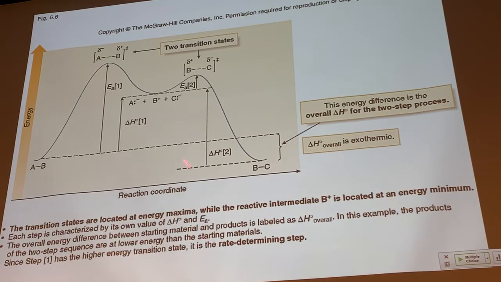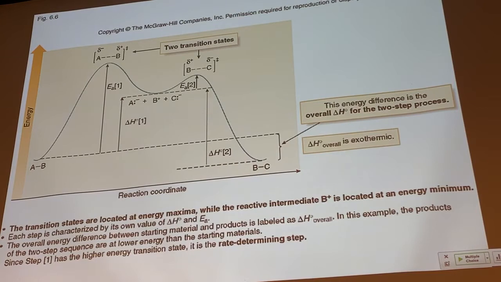We see that each individual step has a delta H, and there is an overall delta H for the reaction. In this case, it's exothermic. We didn't know that at the beginning, but when we look at this, we see that indeed this reaction overall is exothermic. We see that each step has an energy of activation. The energy of activation of step 1 is much higher than step 2.